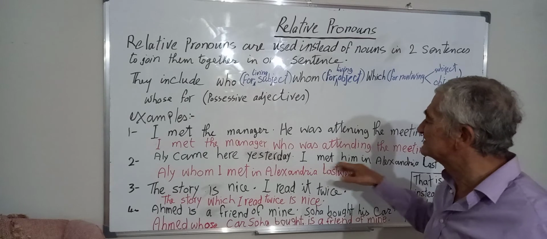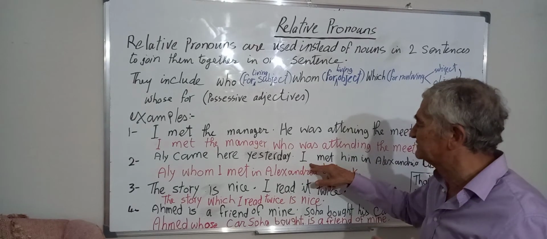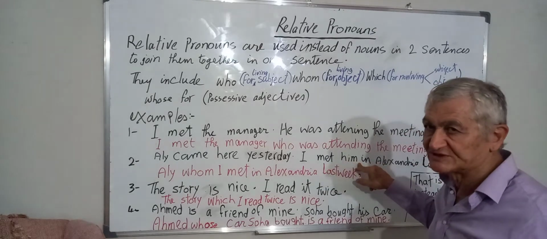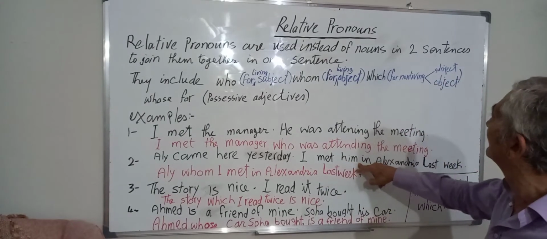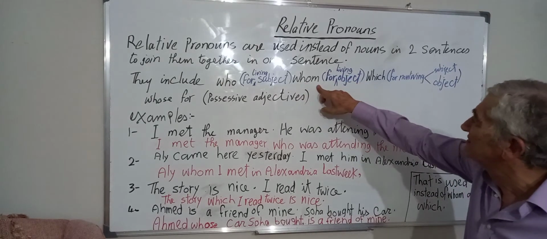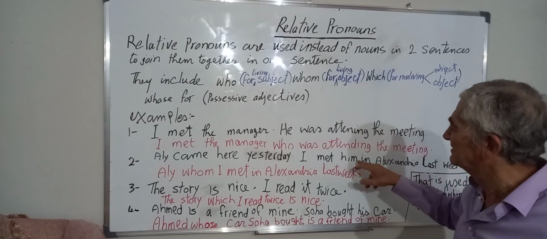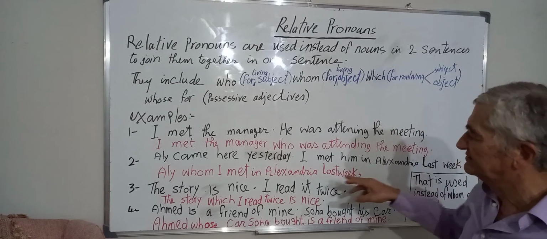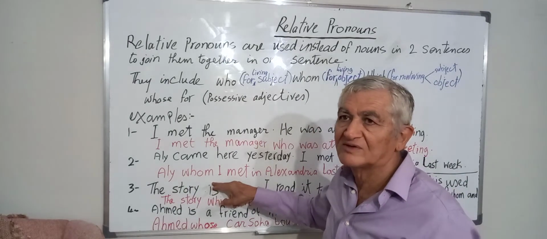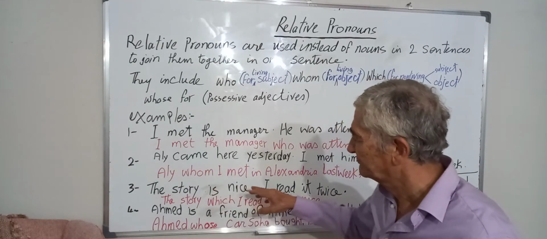So what is the position of him? This is the subject, this is the verb, and him is an object. This is why we use whom, which is used for the living object. So I say Ali, whom. The relative pronoun is immediately used after the original noun.